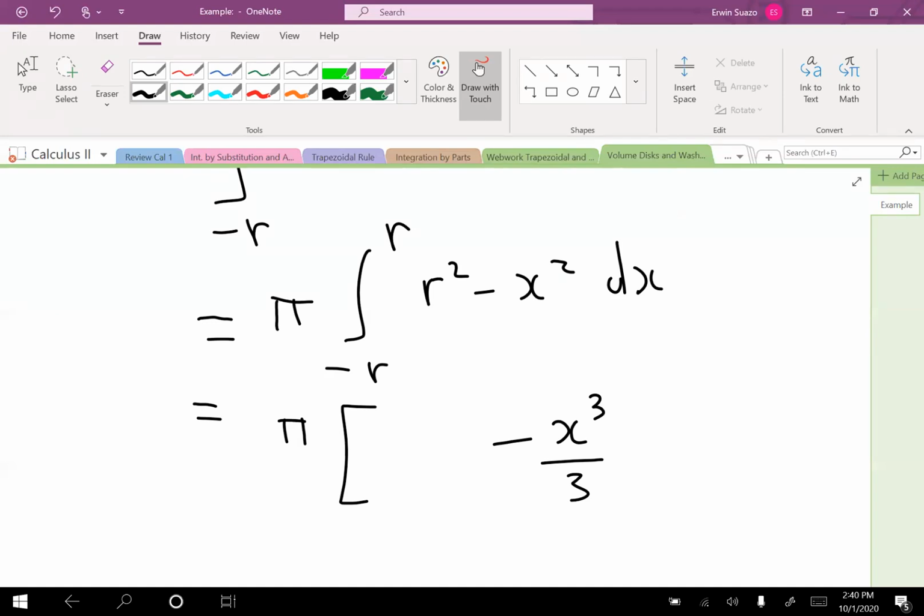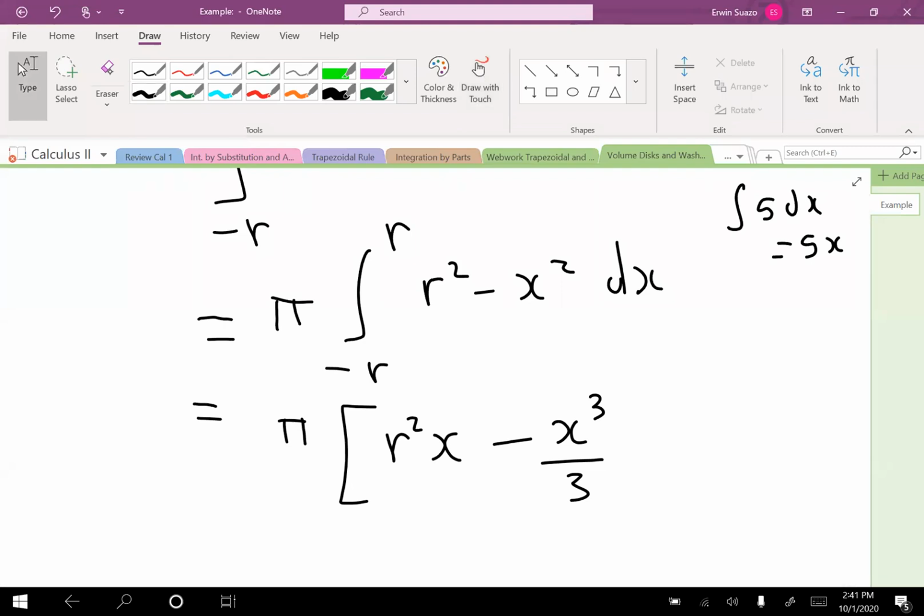So r is like 5 or 1. We're just doing a general formula, but it's really a constant. So what will be r squared x, okay? Like the antiderivative of 5. The antiderivative of 5 is 5x.